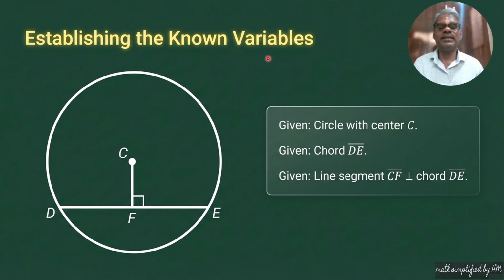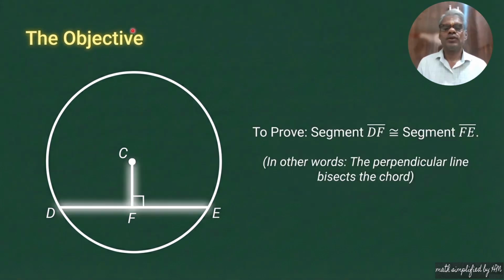The given: circle with center C, chord DE, line segment CF perpendicular to chord DE. The objective is to prove segment DF is congruent to segment FE. In other words, the perpendicular line bisects the chord.